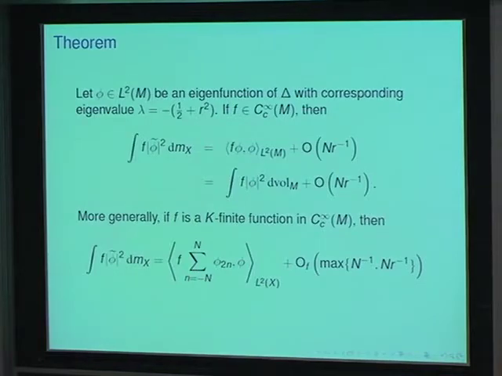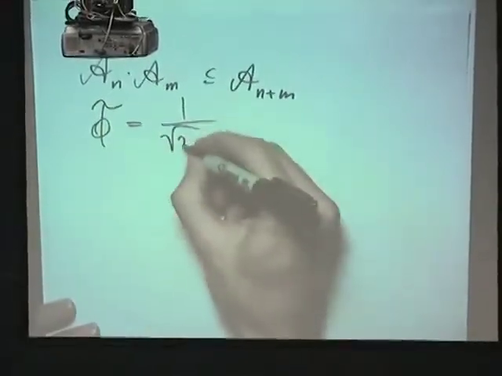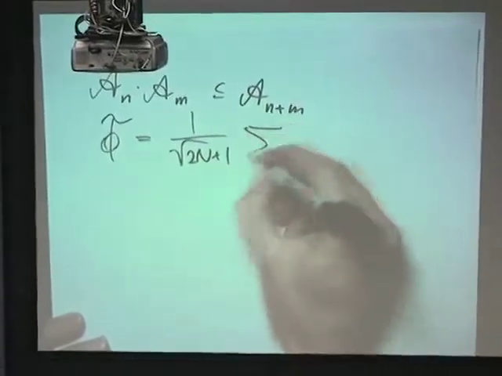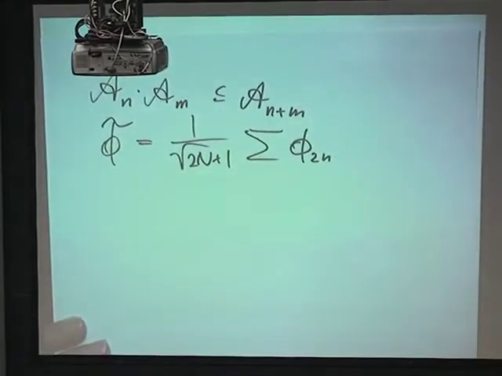So the phi twiggle, let me write it here, is the normalized sum of the phi 2n's. Right?